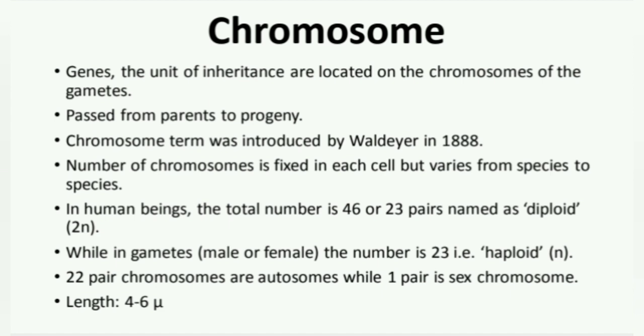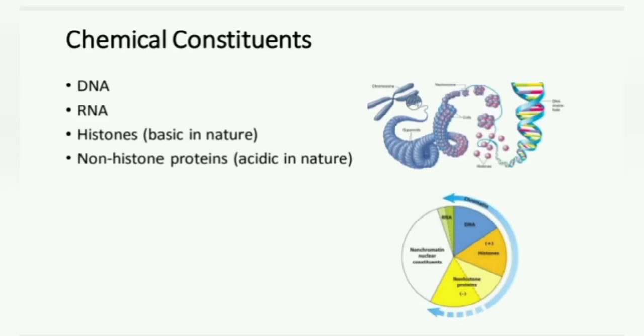While in gametes, male or female, the number is 23, that is haploid. Of the 23 pairs of chromosomes, 22 pairs are autosomes, while one pair is the sex chromosome. The chemical constituents of chromosomes are DNA, RNA, histone proteins, and non-histone proteins.